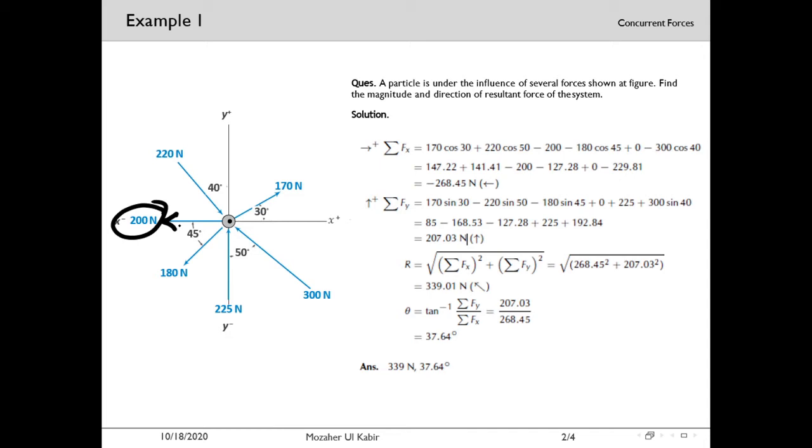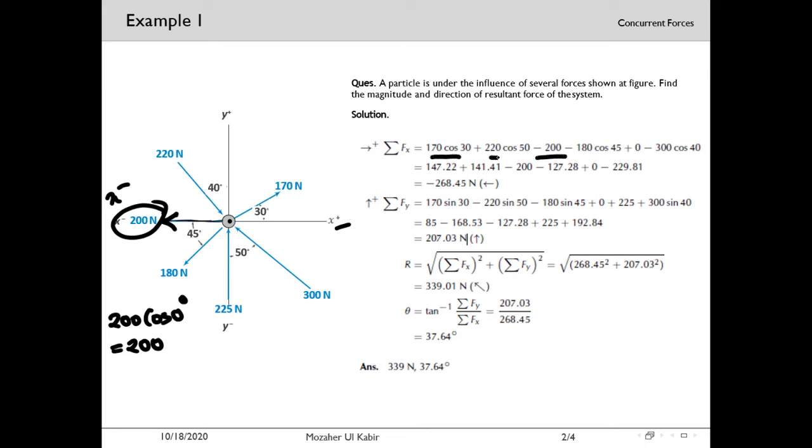It will have the component in x direction only, and the angle is 0 degrees. So the value will be 200 cos 0 degrees, which is only 200. And as it is acting in left direction, according to our sign convention, x is positive in right direction and negative in left direction, so it will be minus 200.